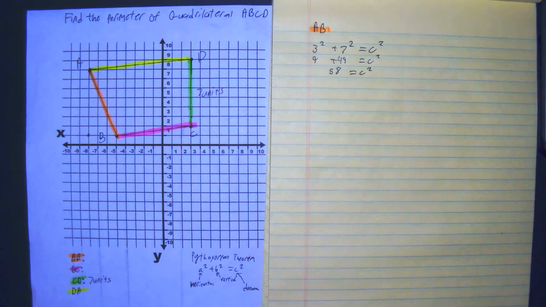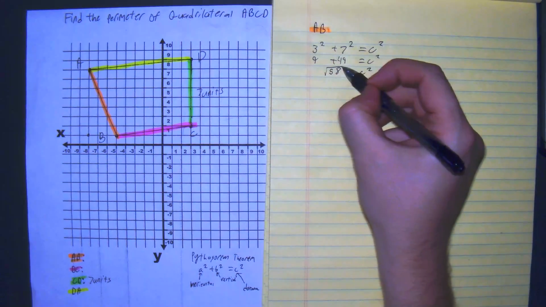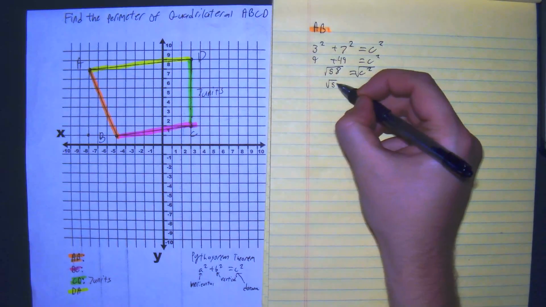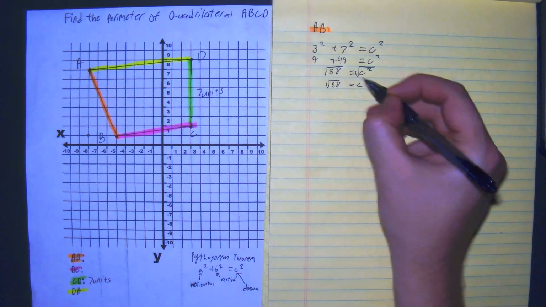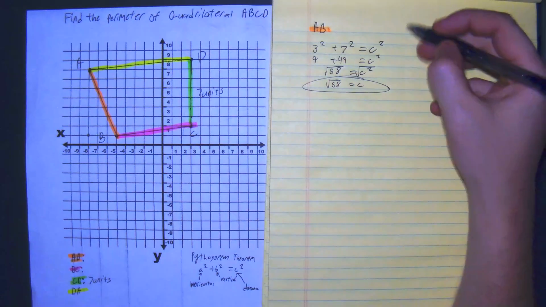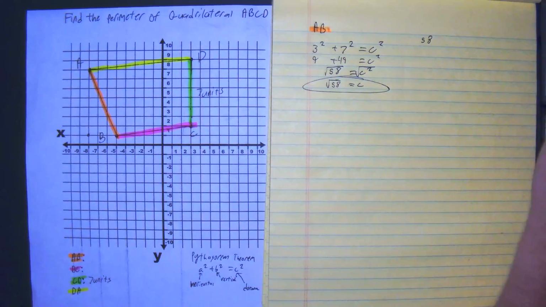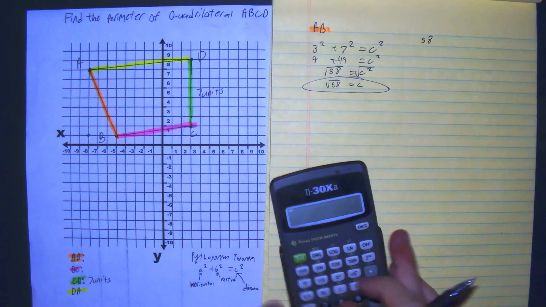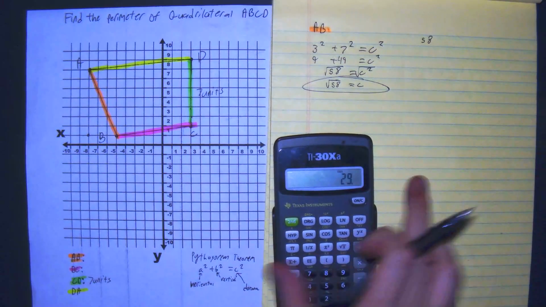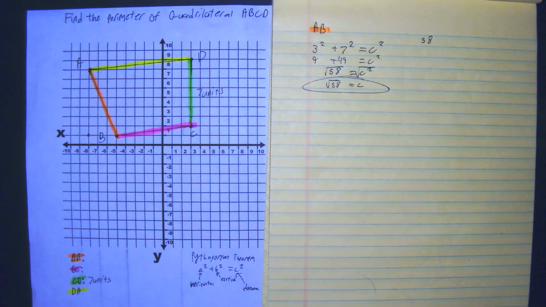From here, you square root both sides. You get the square root of 58 is equal to C. I want to leave it like that for now. Actually, let's see if we can simplify 58. 58 divided by 2 is 29. 29 is a prime number, so we're done.